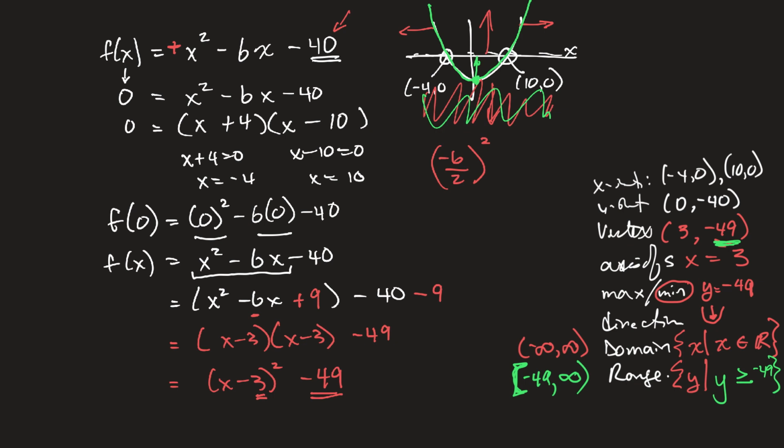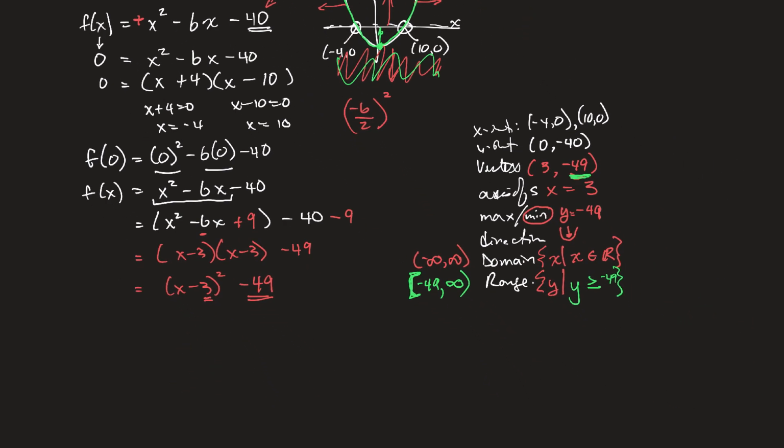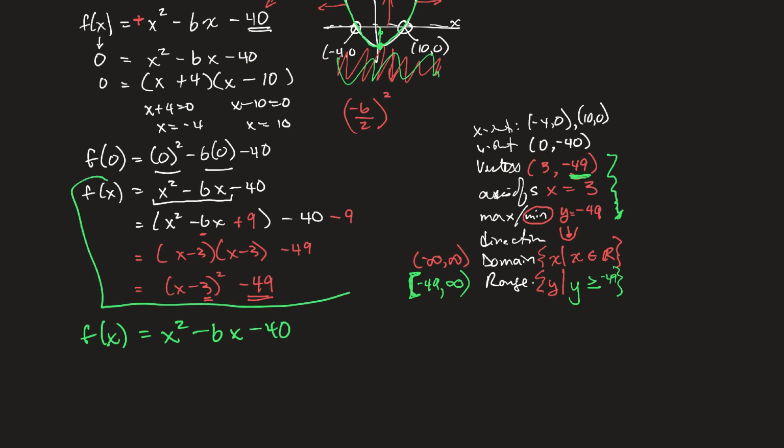Okay, just the last thing I wanted to do was to show you how you can determine the vertex and basically all of this stuff using a formula. So if my function is x squared minus 6x minus 40, I can do this stuff right here, and from that I get my vertex.